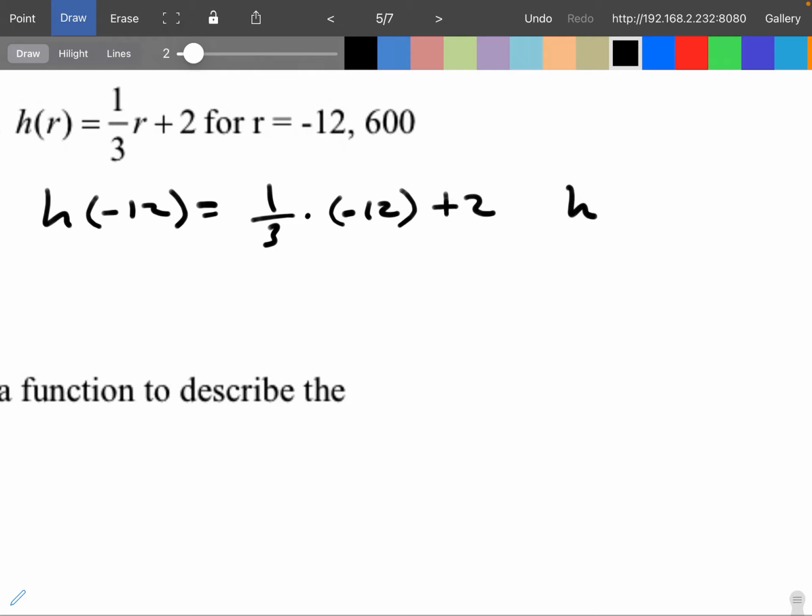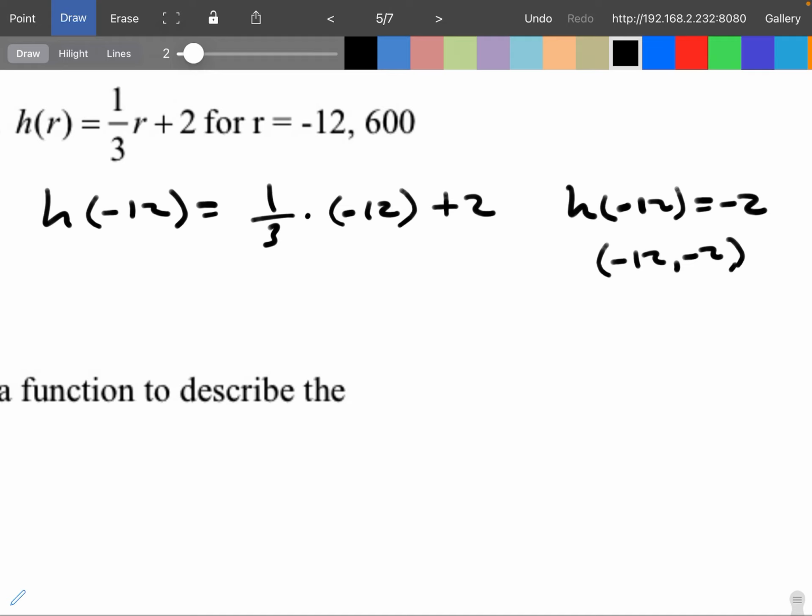Well, what's 1/3 of negative 12? Negative 4. Yeah, 1/3 of 12 is 4, but it's a 1/3 times a negative 12, so it's got to come out negative. So it's going to be negative 4 plus 2. Negative 2. Yep. So we got h of negative 12 equals negative 2.